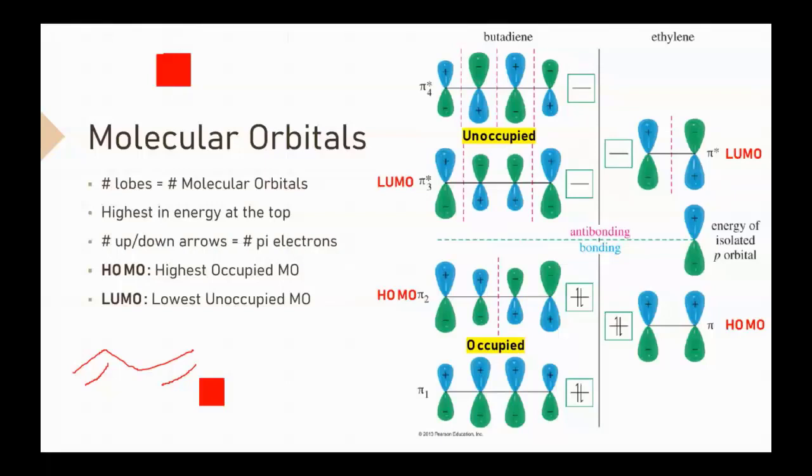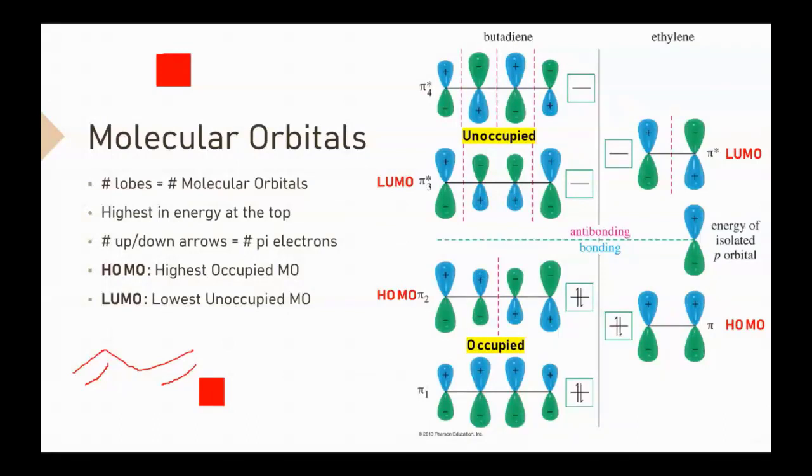Remember, the highest energy is on top and lowest energy at the bottom. And your up and down arrows, how do you know how many arrows you're going to have? It's the same as how many pi electrons your molecule has. So butadiene, 2 double bonds, so that means 4 pi electrons. So you start from the bottom, work your way up to the top. Remember, there's a maximum of 2 in each orbital.